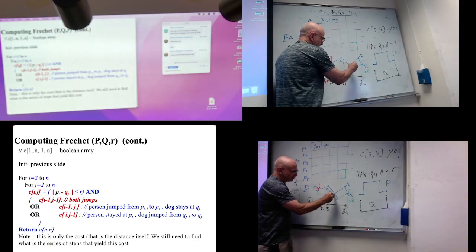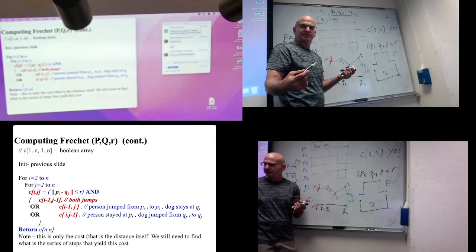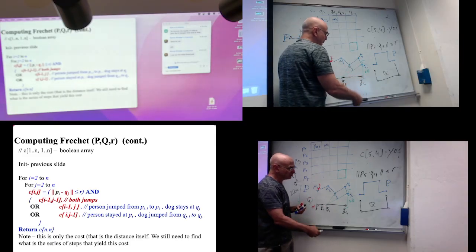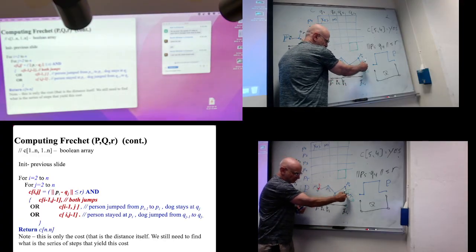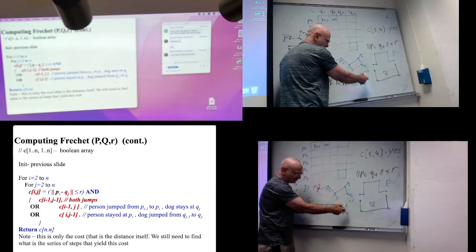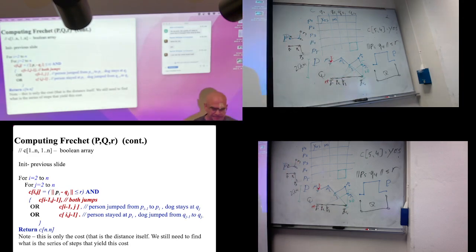And the last option, only three options, was that one step ago, the dog was already at Q4, while the person was at P4.